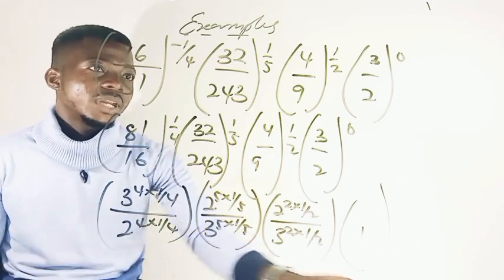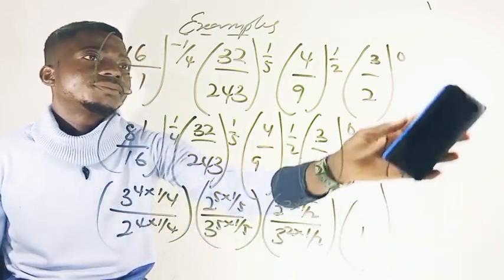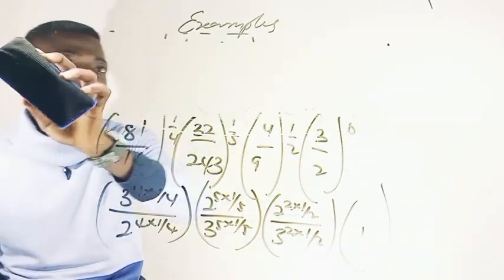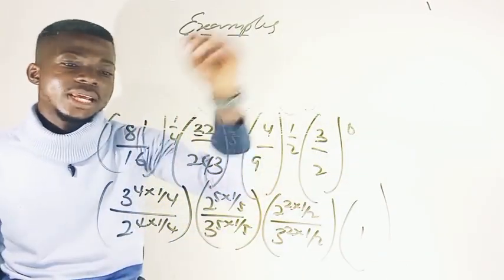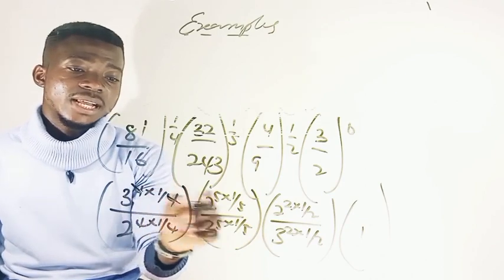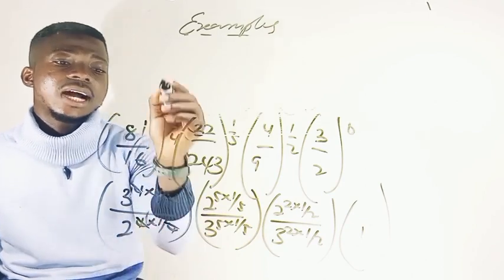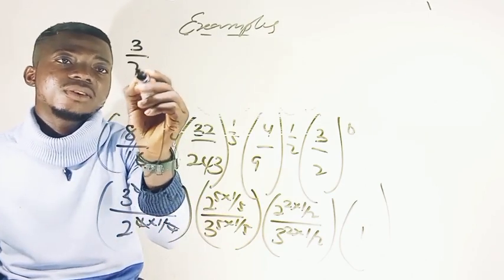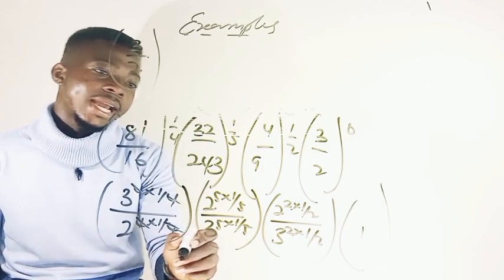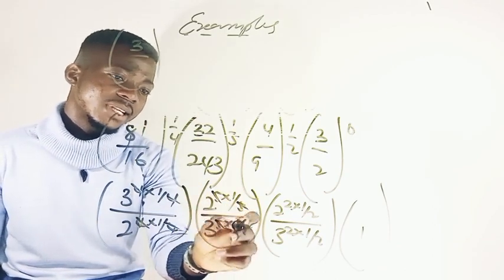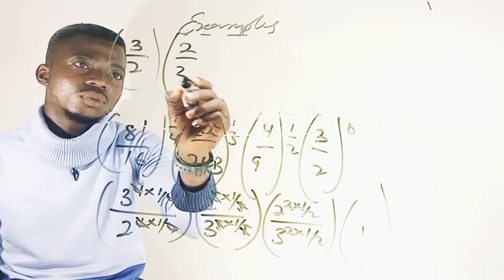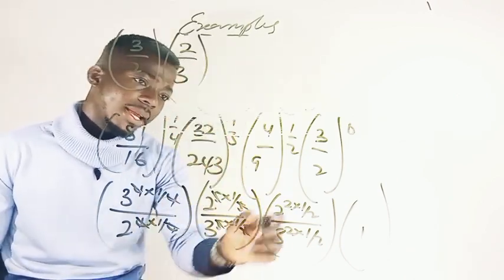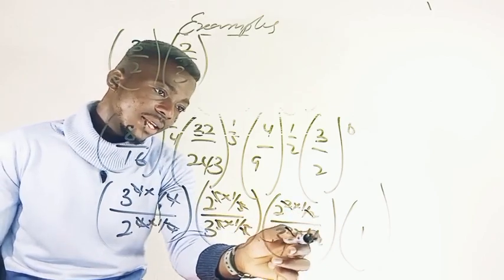Okay? So let me clean this to make out. So I'm bringing this one here. I cancel this and that. I cancel this and that. I'll be left with 3 over 2. Then I cancel this and that. I cancel this and that. I'll be left with here will be 2 over 3. I cancel this and that. This and that.